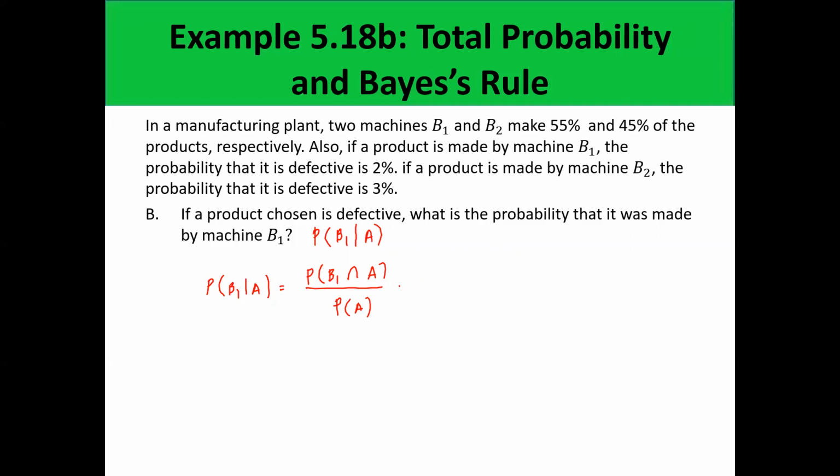But the probability of B1 intersection A is the probability of B1 multiplied to the probability of A given B1. This is using the multiplicative rule. And then the P of A here in the denominator is actually obtained using the total probability rule, which was already solved in the previous slide.